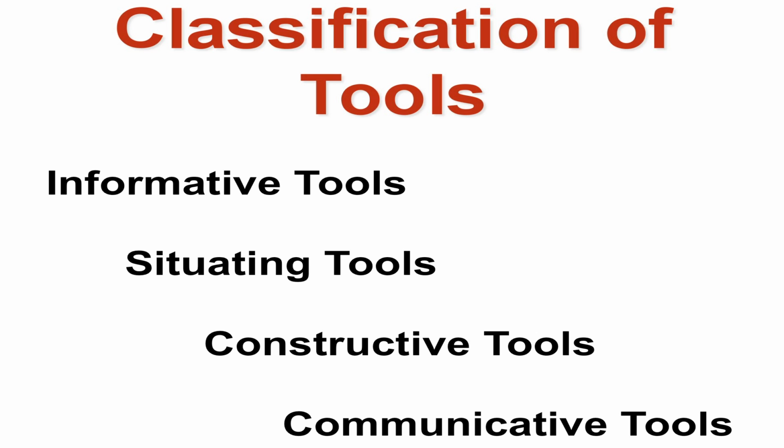Coming to the classifications of these tools. Firstly, it is informative tools. Secondly, situating tools. Third, constructive tools. And the last is the communicative tools. If you see the learning material is with you, those learning books are with you, you will see in the chapter that the classification of tools is done as informative, situating, constructive and communicative.